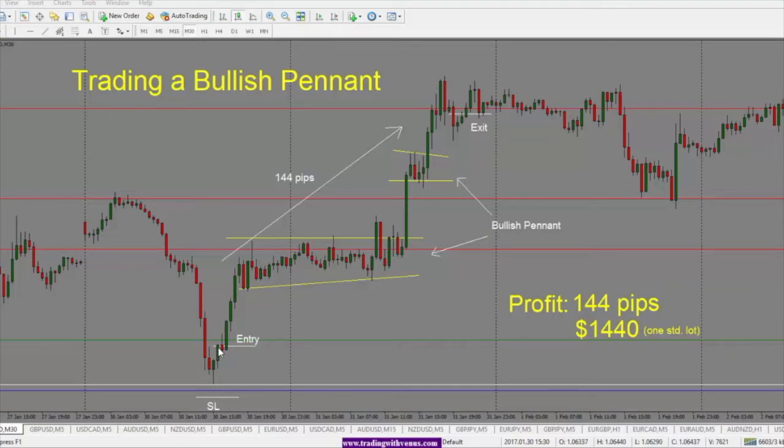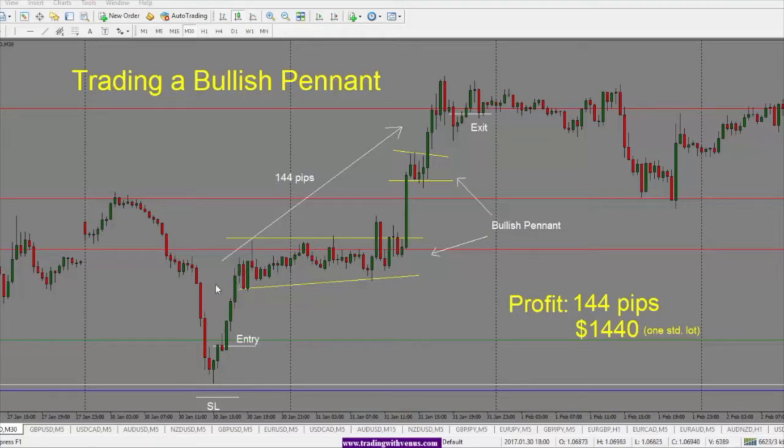Once you get the confirmation candle and we see the price has rejected a level at this point, it's here a 106.20 level here, and it's also our support level. Once the price rejects that level, we can enter the trade. Now this is a bullish signal and shows us that the price is likely to go higher. So we can enter the trade here. Our stop loss goes below the low here.